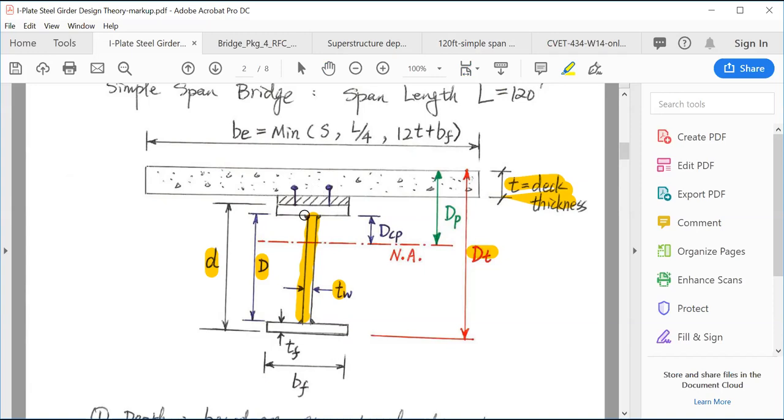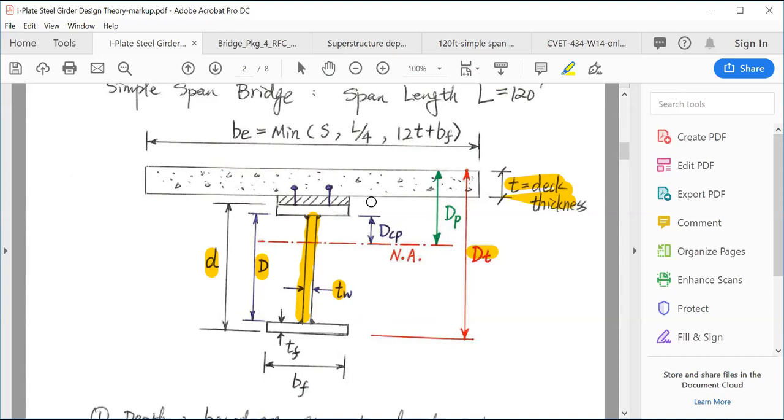Because the top flange and concrete deck make a composite section and are usually subject to compression, we need to make the tension flange, which is the bottom flange, bigger in order to balance the compression force above the neutral axis.